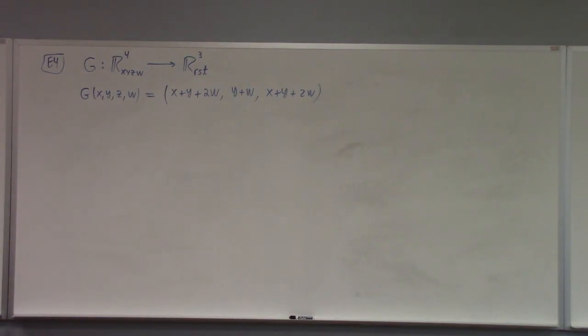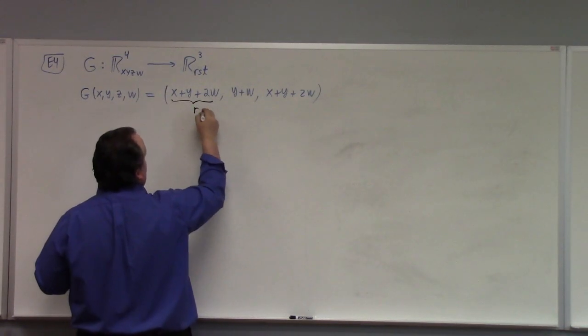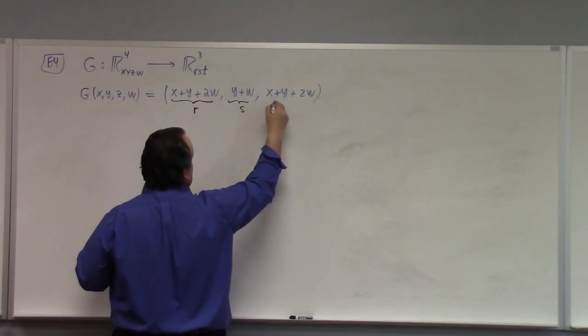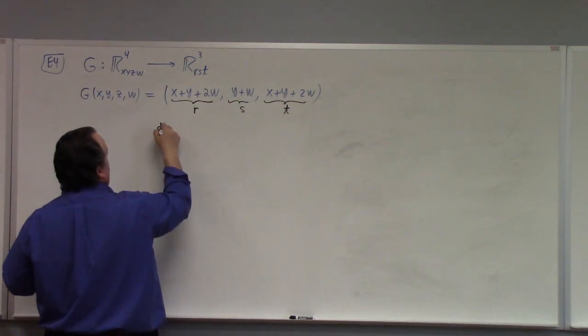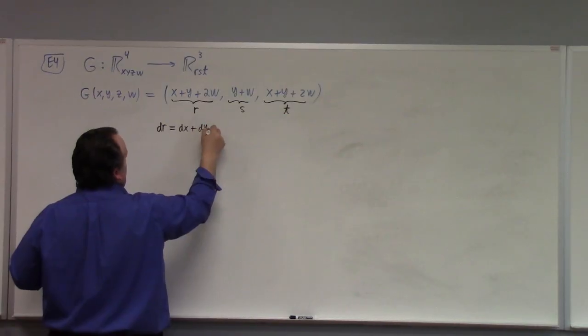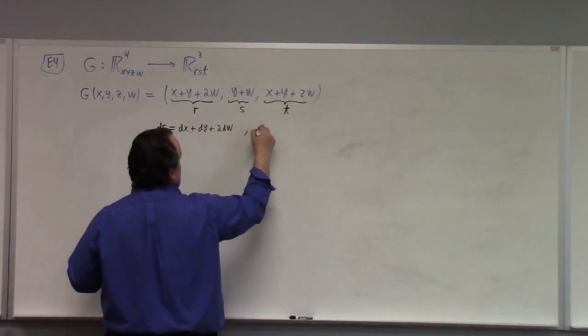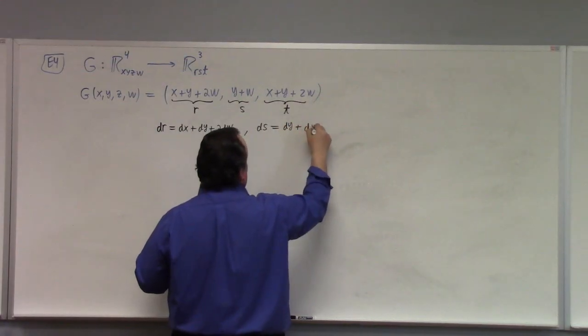So I want to calculate the pullback of the top form in RST space. So here, this is my R, this is my S, this is my T, right? So dr is dx plus dy plus 2 dw. ds is dy plus dw.